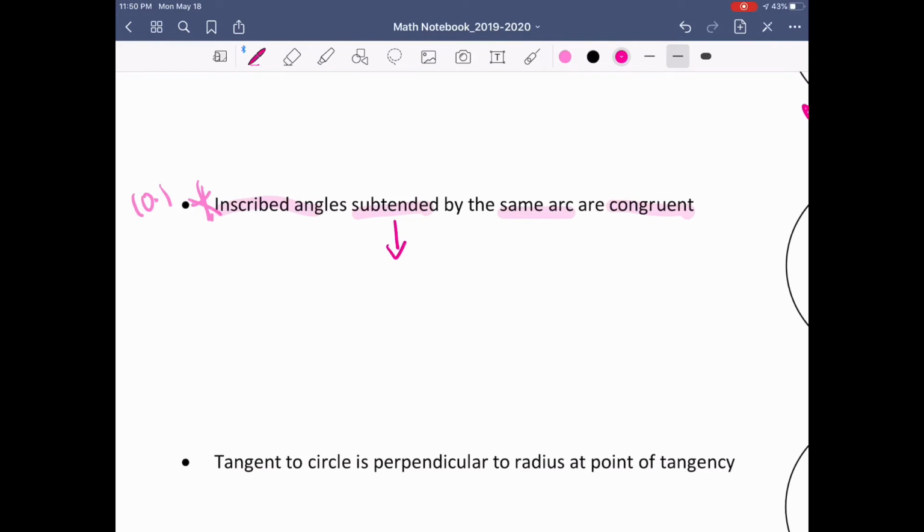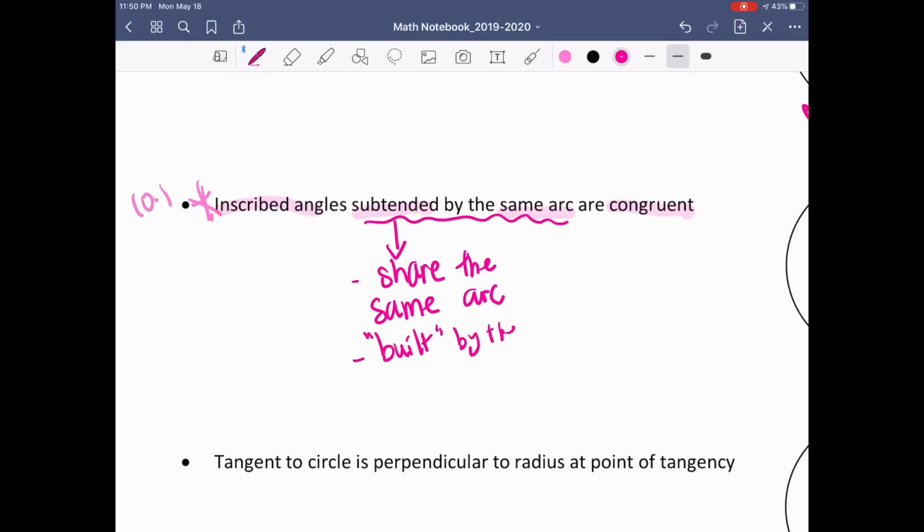Subtended by the same arc means that they share the same arc, or they are built by the same arc. Or in other words, they share the same pizza crust. That's how you can think about it.